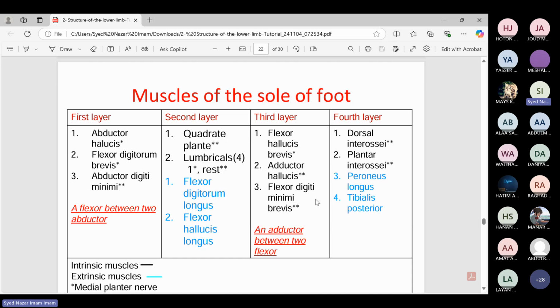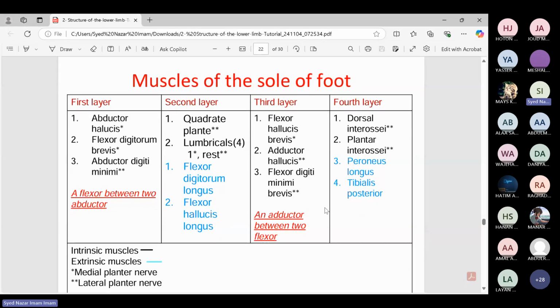The fourth layer is the interossei, like your palmar interossei. We have dorsal and plantar interossei, and two muscles coming from the leg: peroneus longus and tibialis posterior. Remember, the peroneus longus is in the lateral compartment of the leg, and this is in the fourth layer of the sole.